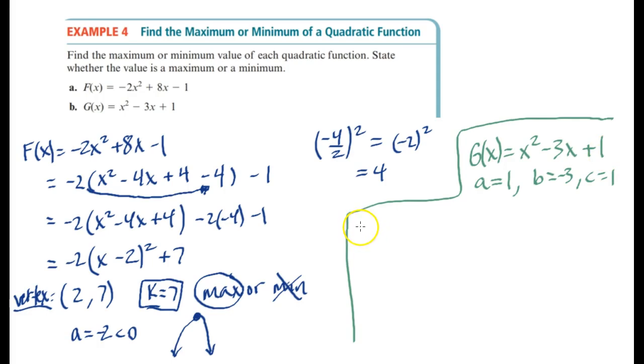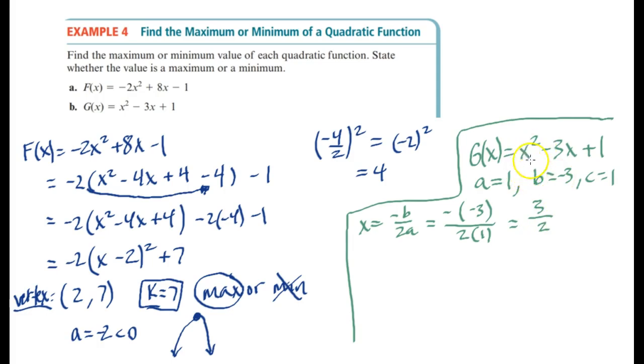Our x-coordinate of our vertex is located at x equals negative b over 2a. And then negative b: b is negative, so we need a negative in there, over 2 times a, and a is 1. So that would give us 3 over 2, 3/2.